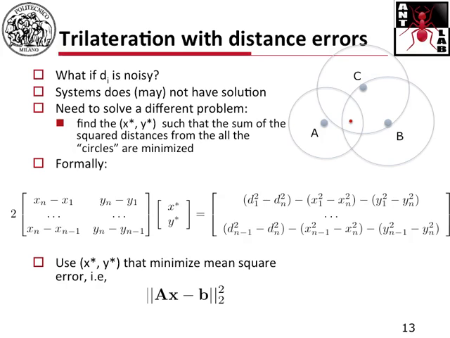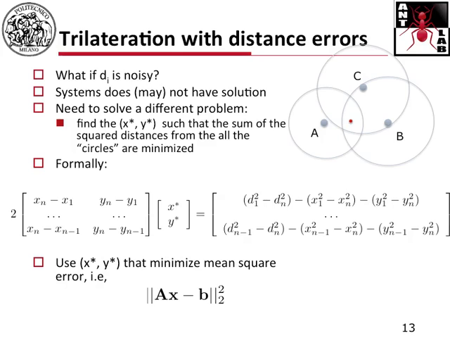So what do you do then? Since there's no well-defined solution to this kind of problem, what you do is solve a different problem. You no longer want to find the intersection point of these 3 circles, because it does not exist. What you want to find is the position of a red point here, x star, y star, which is as close as possible to the 3 circles centered in the 3 anchors which we are using.